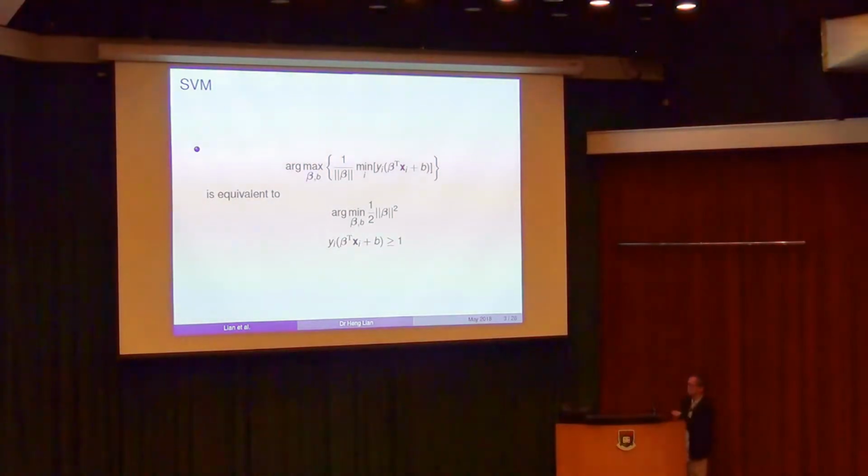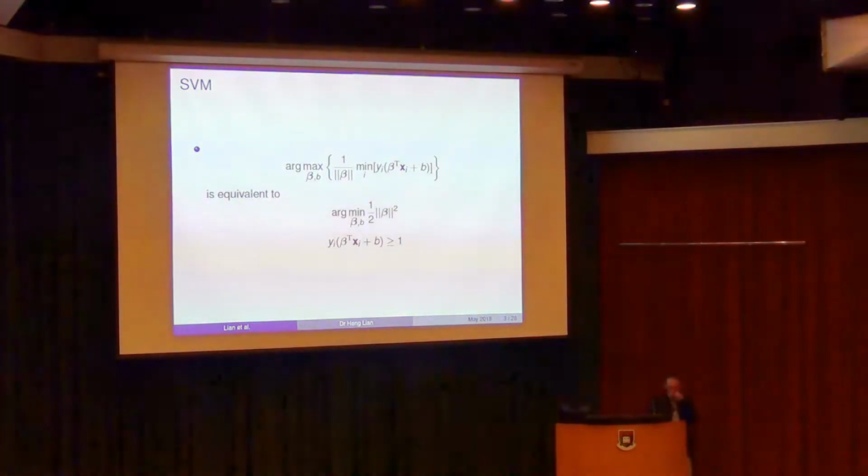So this problem here can be written in a slightly different form. We just minimize the norm of the beta here, but we square it for it to be differentiable, and we constrain the points to be on the correct side. So if you have the hyperplane, you multiply by either 1 or -1, which is yi, you constrain it to be positive.